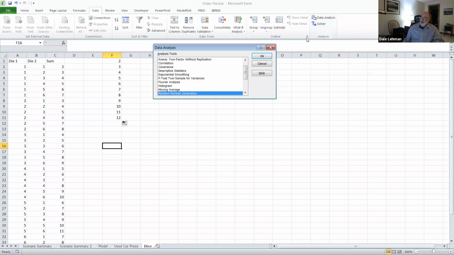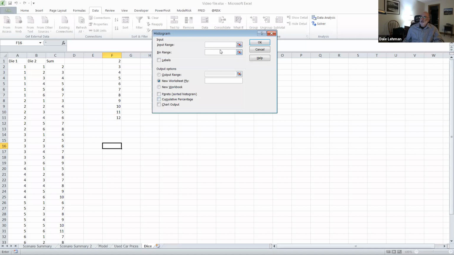And if you click on Data Analysis, there's a whole bunch of statistical capabilities that Excel has that you can find under this. The one I want to use here is a histogram. When you click OK, it says, well, where is the input range? And I should be able to type use cars here. The bin range is what I just created.